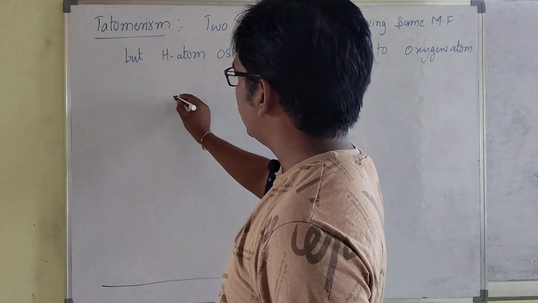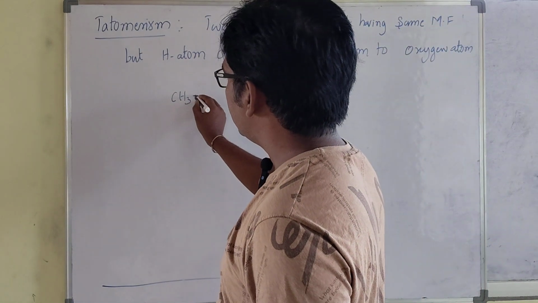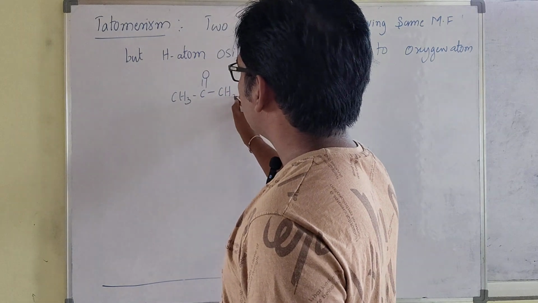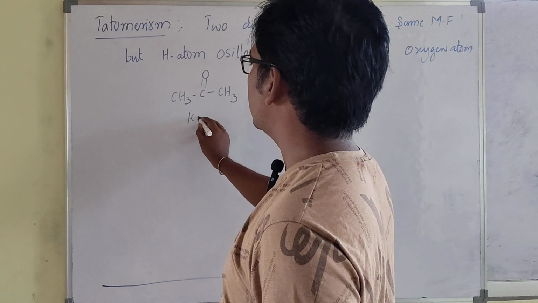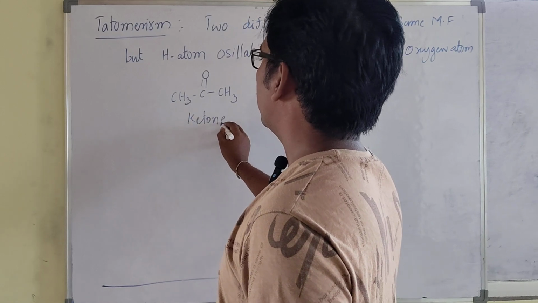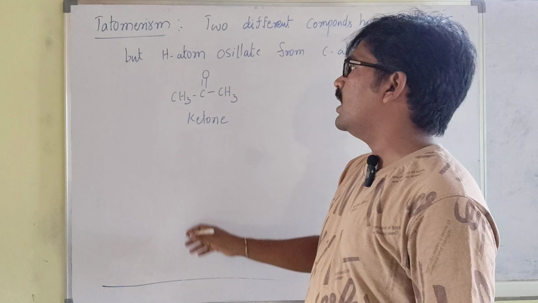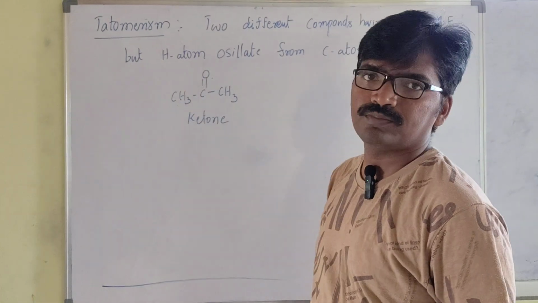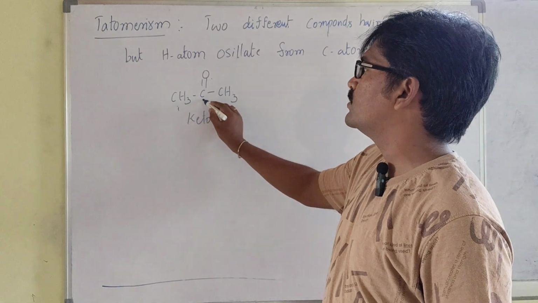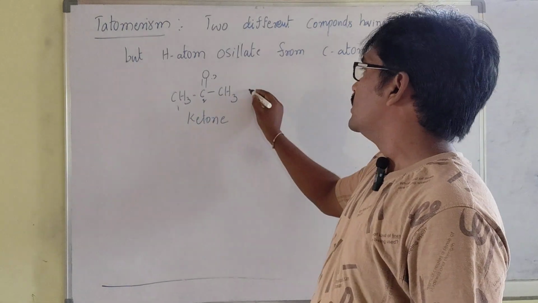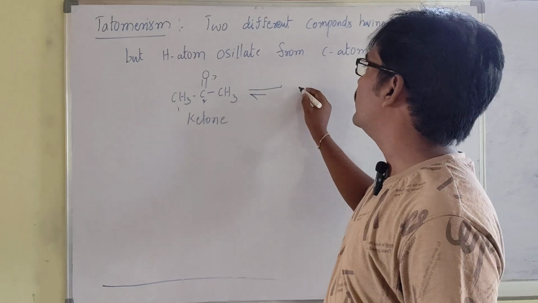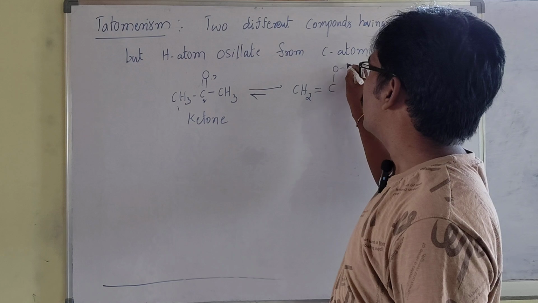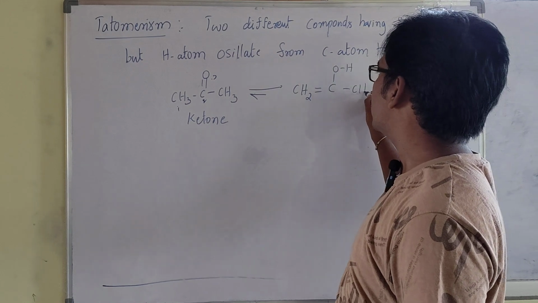For example, CH3, C double bond O, CH3. This is the ketonic group. The hydrogen atom will be transferred from this position to this position. Look at 1, 2, 3, the third position. See, how this compound is: CH2 double bond C, OH, CH3.